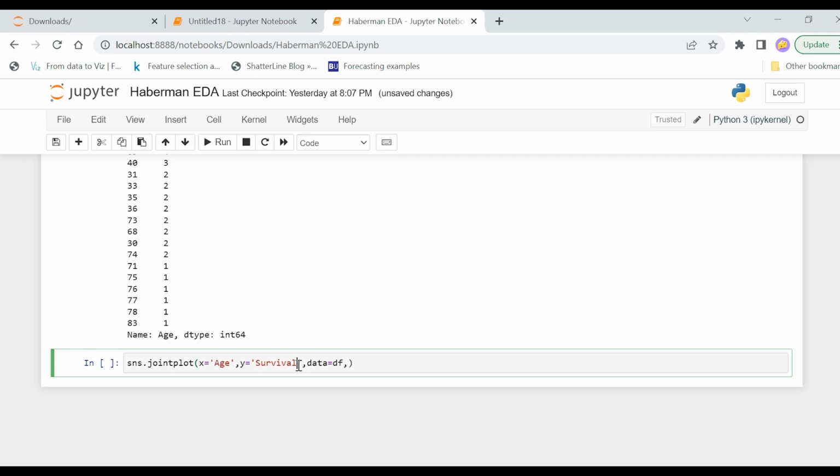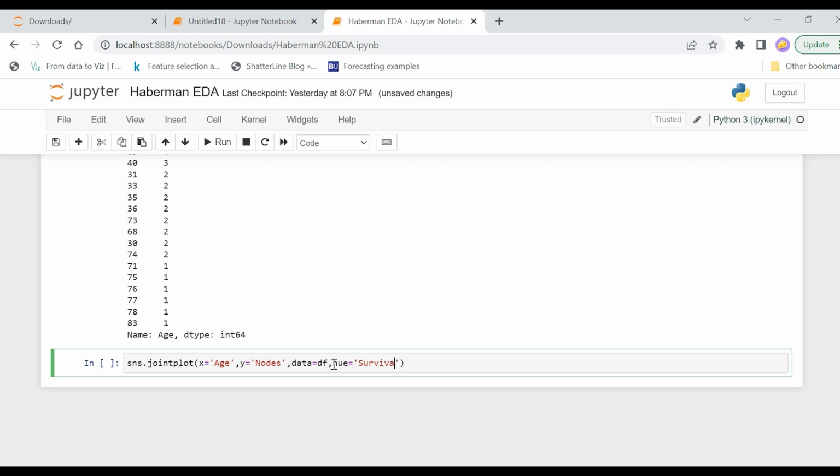Age, and suppose let me do nodes here, but this is a kind of 3 variable analysis.